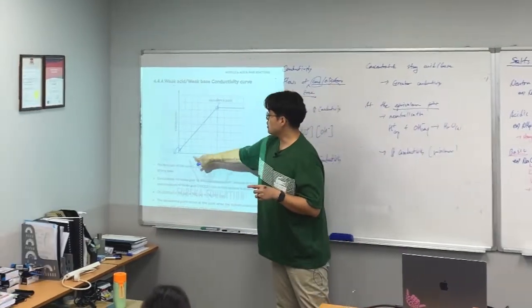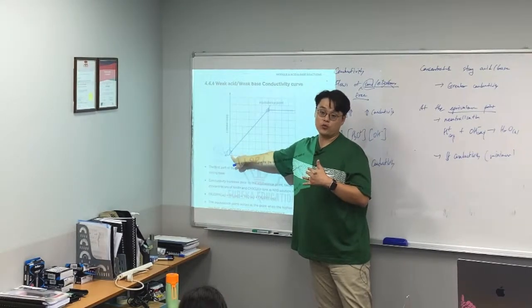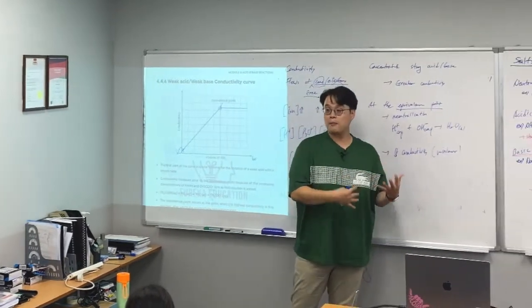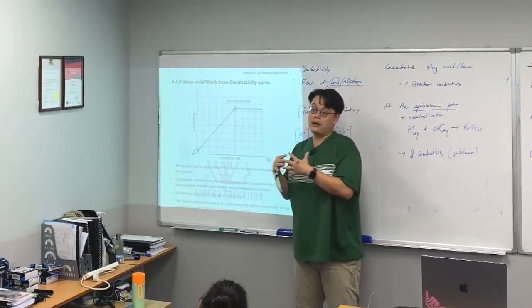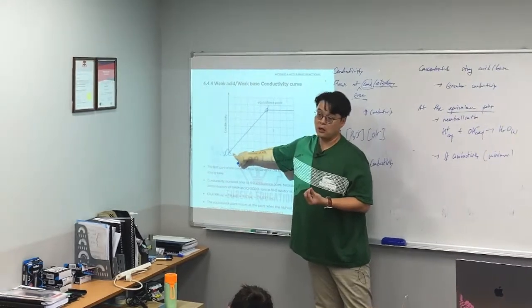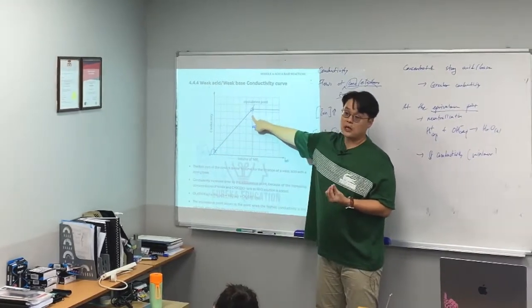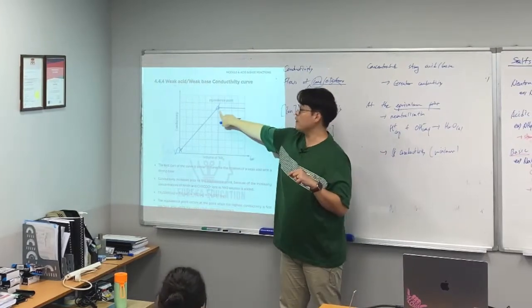Then you can start from this point that has a lower conductivity, representing what? Due to the partial dissociating power of the weak acid or base, there are not many free ions available, therefore represented in low conductivity. Gradual increase from the neutralization means an increasing amount of free ions up to the equivalence point.